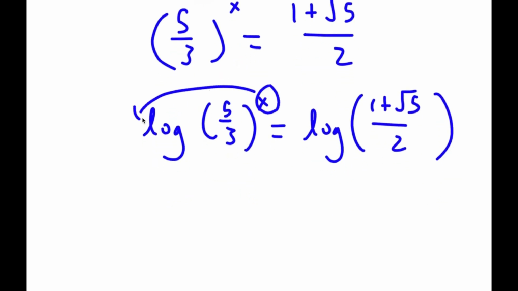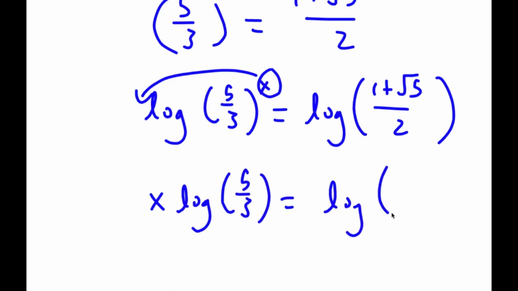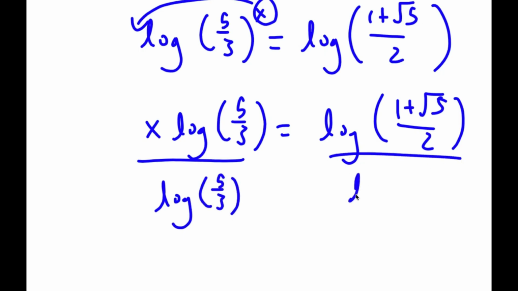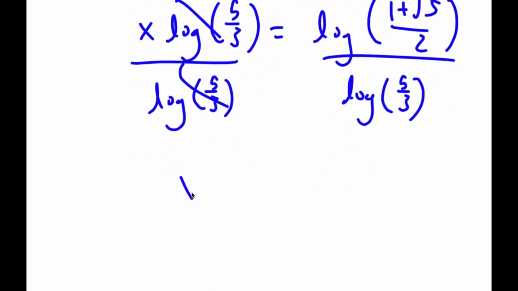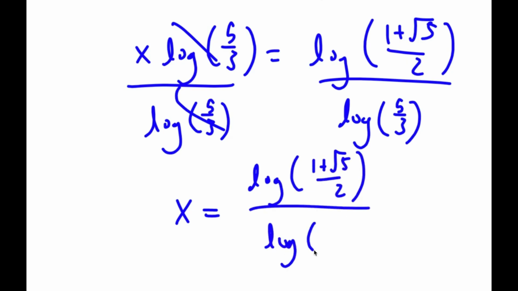Now I can move this exponent to the front, so now I have x times log 5 over 3 is equal to log of 1 plus the square root of 5 over 2. Now if I divide both sides by log 5 over 3, these two cancel out, and I'll be left with x is equal to log of 1 plus the square root of 5 over 2, over log 5 over 3.